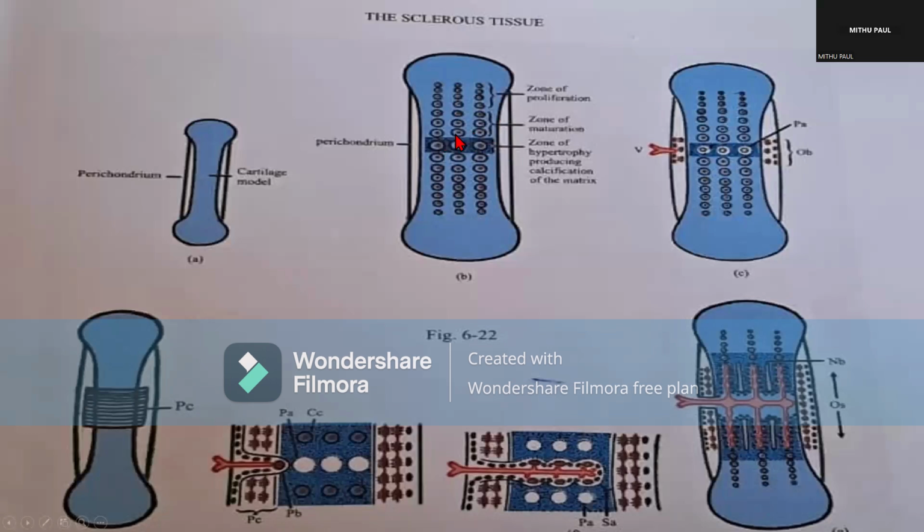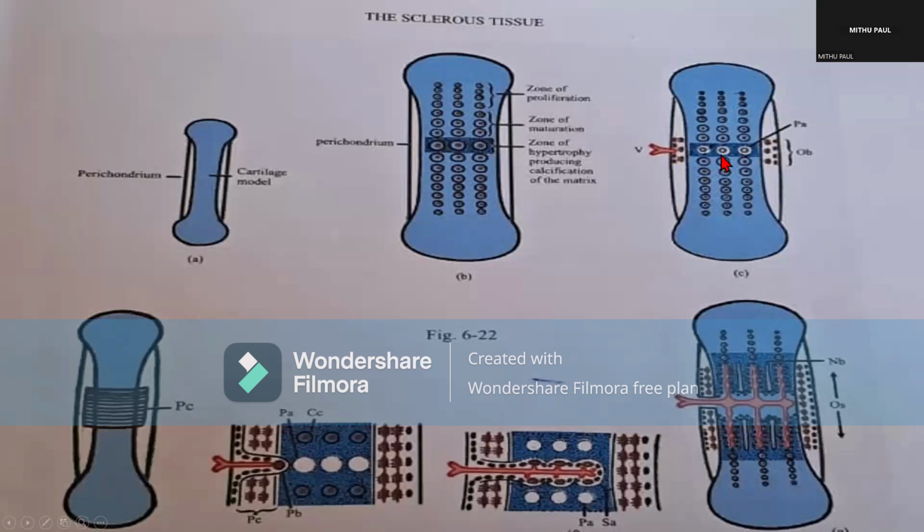Because of their secretion of intercellular substances and also their calcification, the center cells die and form small vacant spaces known as areolae. These are the primarily formed vacant spaces, so these are known as the primary areolae.